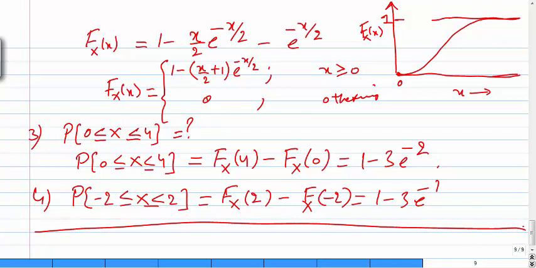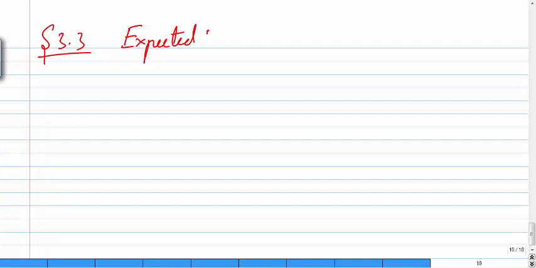Now after that we have to define a very important topic, and for this one is article 3.3, and it's known as expected value. How does expected value look for a continuous variable?